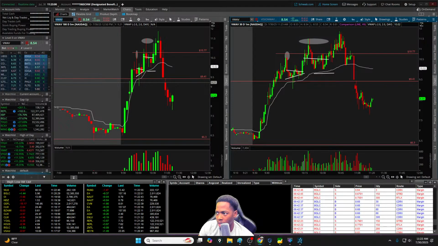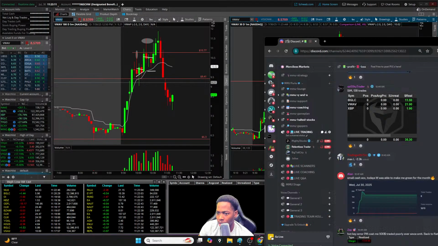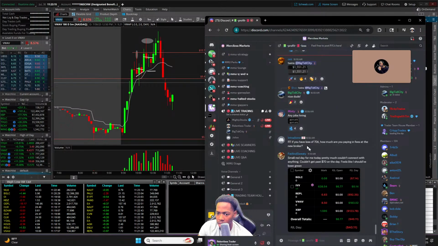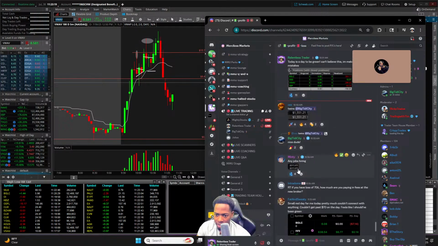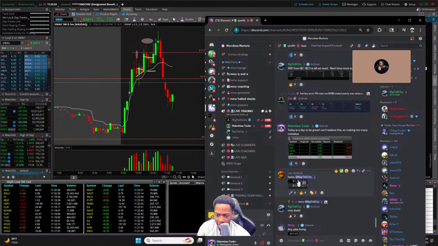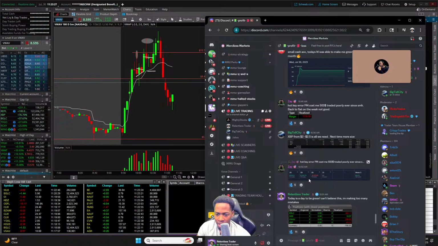In the chat room here, we got some mixed results. You got some red, you got some green. So small red there, small green here, or good green, let's say 1500, depending on where they are, which size.